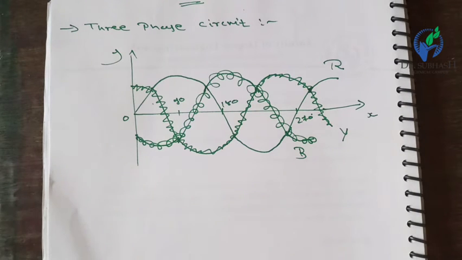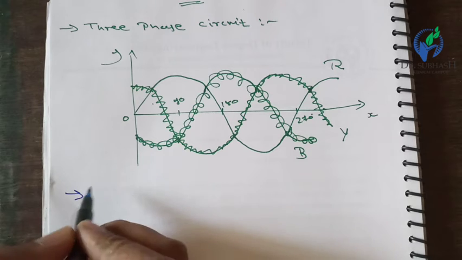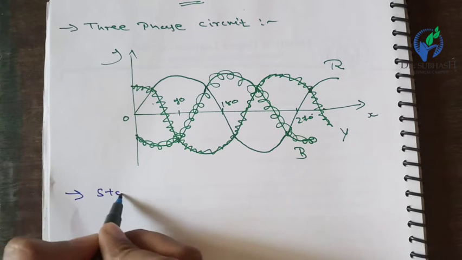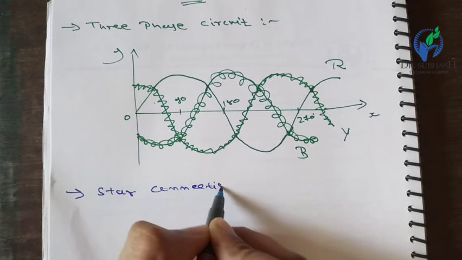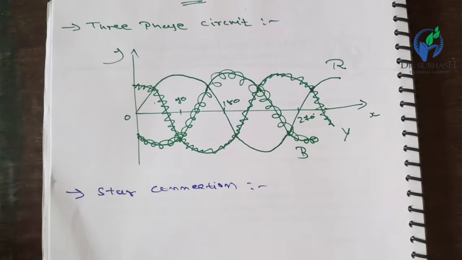Now for the types of connection, as we discussed, there are the star connection and the delta connection.